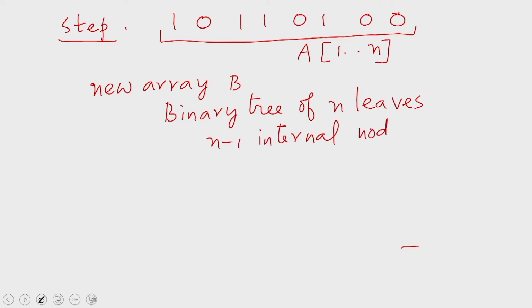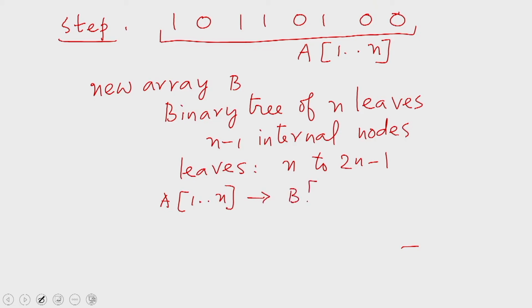So, there is a total of 2n minus 1 nodes, and in the array representation the n leaves will occupy positions n to 2n minus 1, both inclusive. So, the first thing that we do is to copy A[1 to n] into B[n to 2n minus 1].